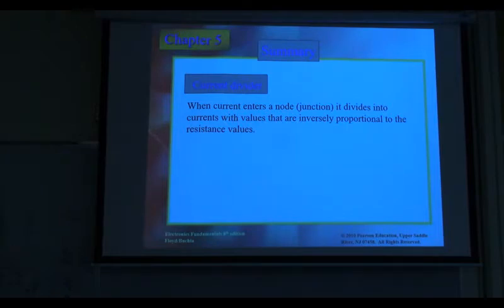R3 on the top. How about I combine these two first? Can we combine these two?